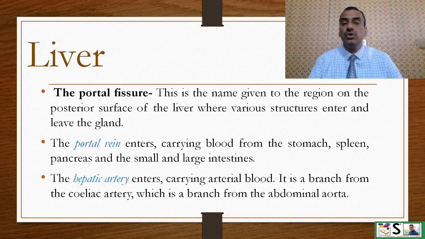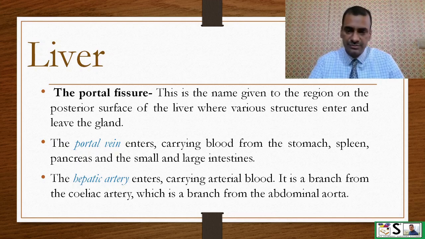Then there is the portal fissure in the posterior surface. This is the name given to the region on the posterior surface of the liver where various structures enter and leave the liver. One is the portal vein. The portal vein enters carrying blood from the stomach, spleen, pancreas, and the small and large intestines.